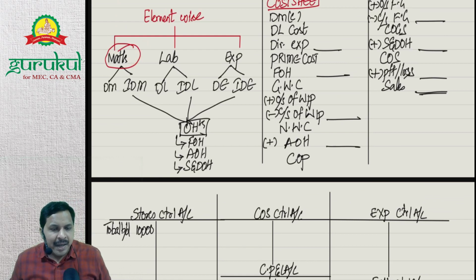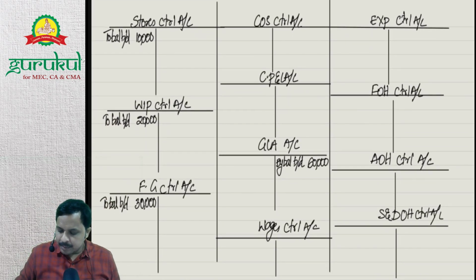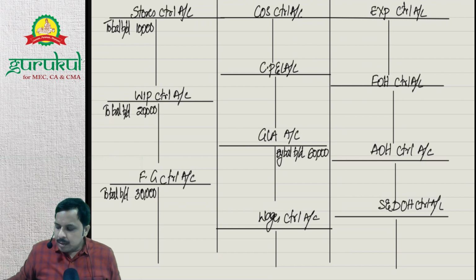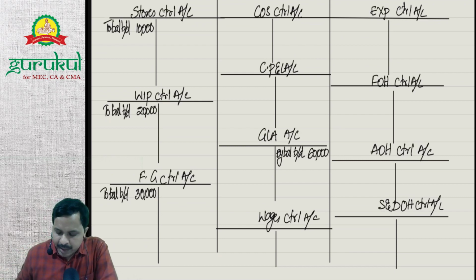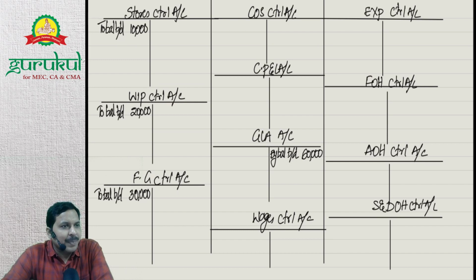Now, raw materials purchased. What is the entry? In general financial accounting, what is your entry? Purchase account to cash or bank or creditors. Generally, cash means cash or bank, if payment is made. If it is on credit basis, then we substitute creditors.